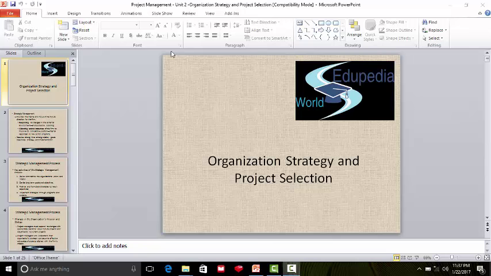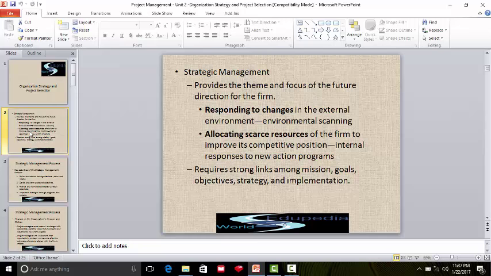Now we'll discuss organization strategy and project selection. Strategic management provides the theme and focus for the future direction of the firm.